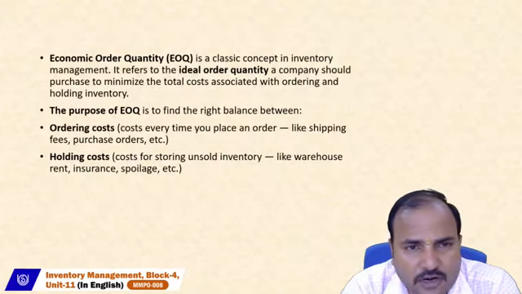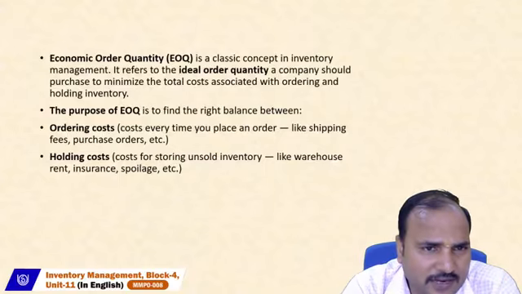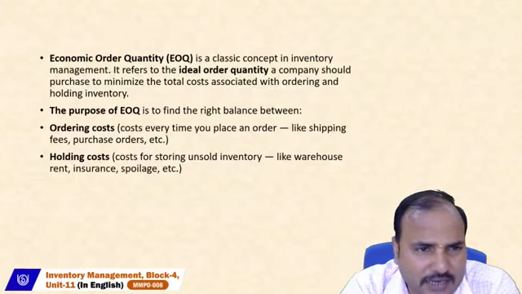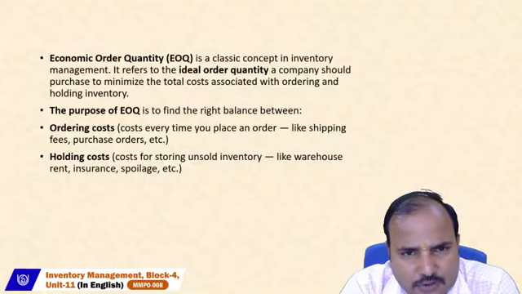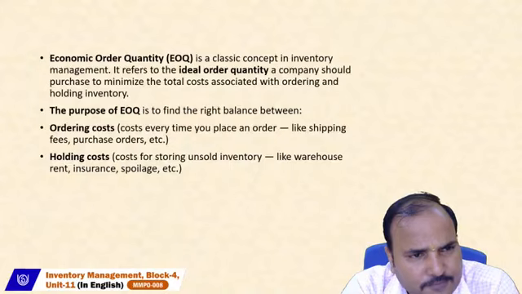Economic order quantity is a classic concept in inventory management, and it refers to the ideal order quantity a company should purchase to minimize the total cost associated with ordering and holding of the inventory.